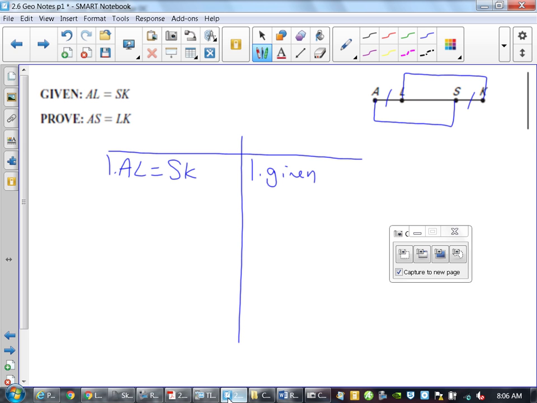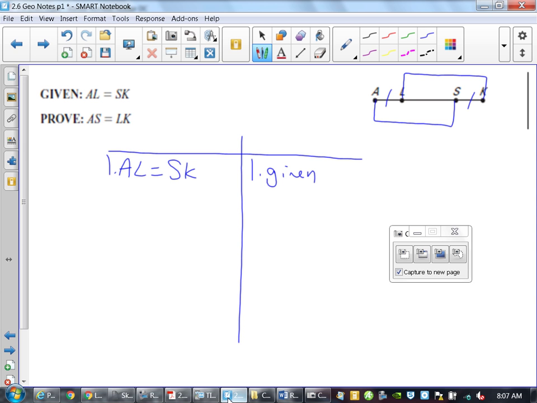Now let's look at what we have. Look at your diagram. The diagram itself is asking us to get from AS to equal LK. What is AS made up of? AL and LS. What is LK made up of? LS and SK. So do they both share a common part? What do they share?